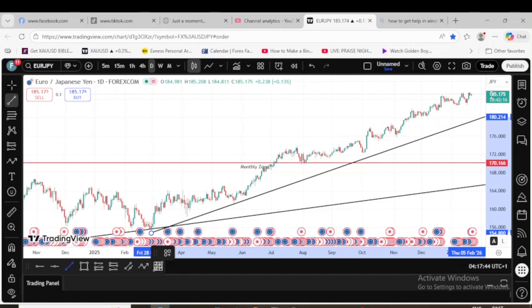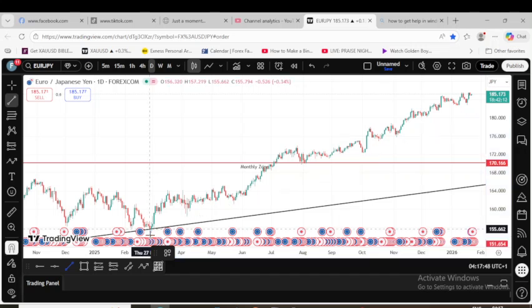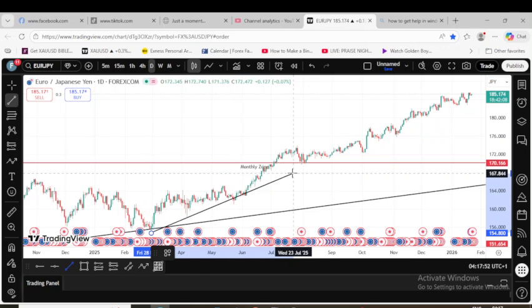Hold on. So this trend line has been validated. So together for me to draw a trend line like this. This is a daily trend line.